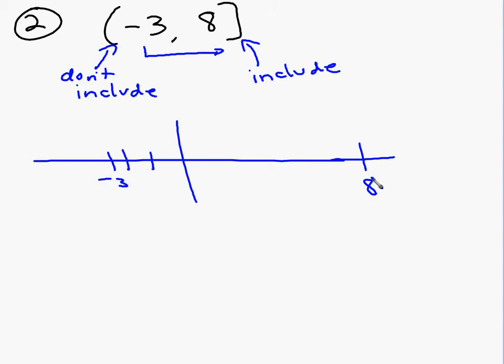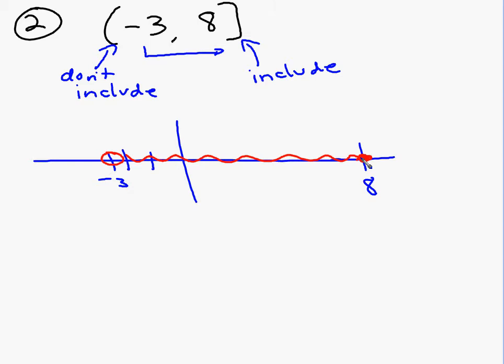Now, it said that we do not include negative 3. So negative 3 is going to have an open circle. 8 is going to have a colored in circle. And then it's all of the numbers in between those two. Negative 3 up to 8, but we include the 8.